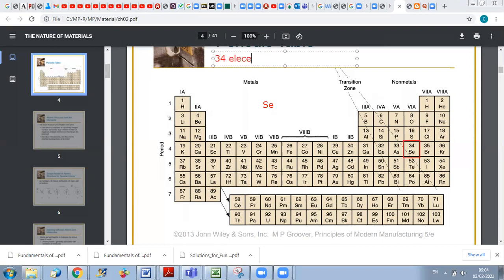If I have 34 electrons, I will have 2 on the first orbit. I have 8 on the second one. Okay, I have 8 on the third. So until now it's 2 plus 16, it's 18.